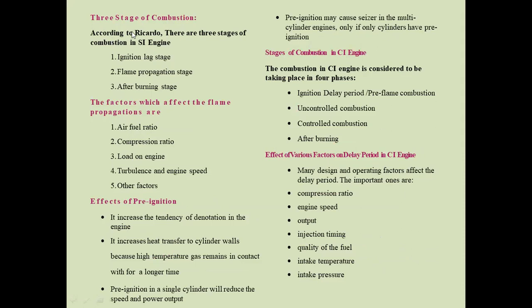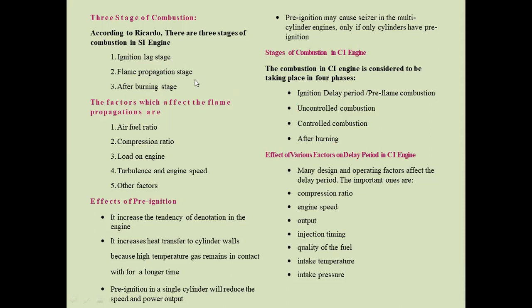From this slide, we can discuss the stages of combustion. Generally combustion in the SI engine is divided into 3 categories, as described by Ricardo for spark ignition engine combustion. The first stage is the ignition lag period, the second stage is the flame propagation period, and the third stage is the after burning period.